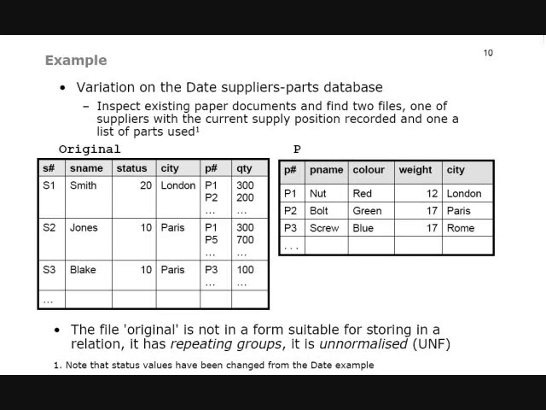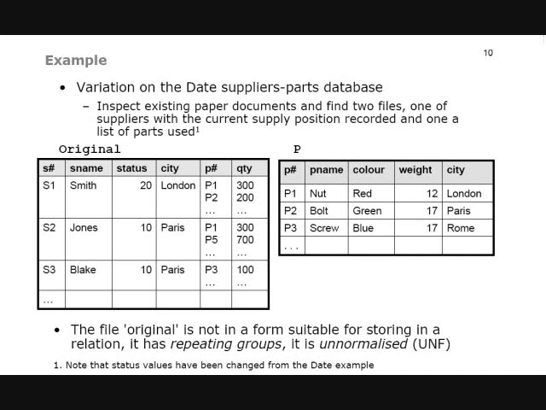And on the other hand, I have the part table with the part number, the name, the color, the weight, and the city. Now, what I have done slightly differently here is that I'm saying the status is associated with the city. So, for example, Paris is always going to have a status of 10, London is going to have a status of 20.